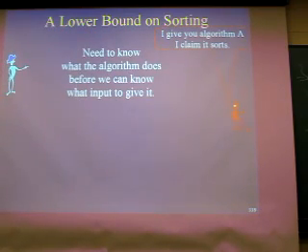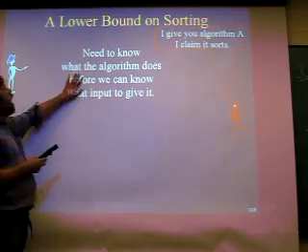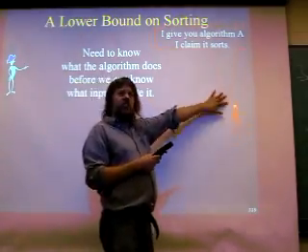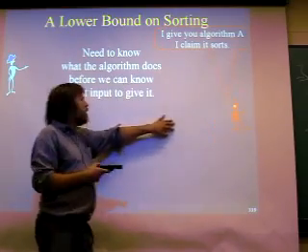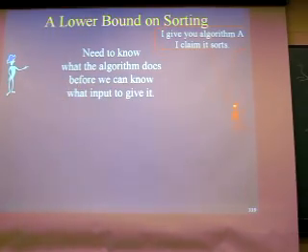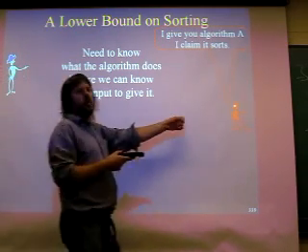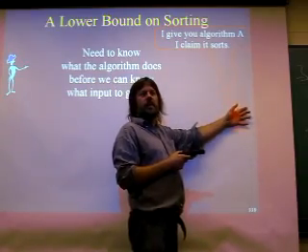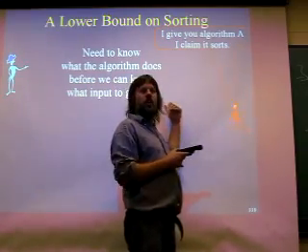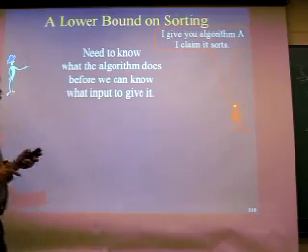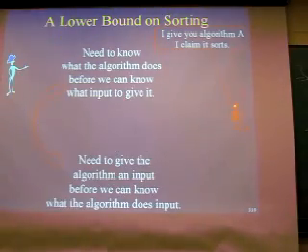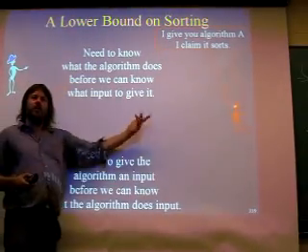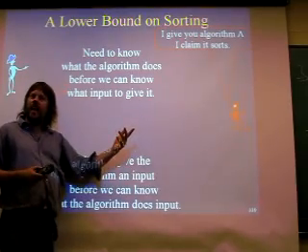Now, here's a funny problem. I need to know what this algorithm does before I can decide what input it's going to fail on, because this algorithm might do really well on some inputs and really badly on other inputs. But I need to give the algorithm an input before I know what the algorithm does.